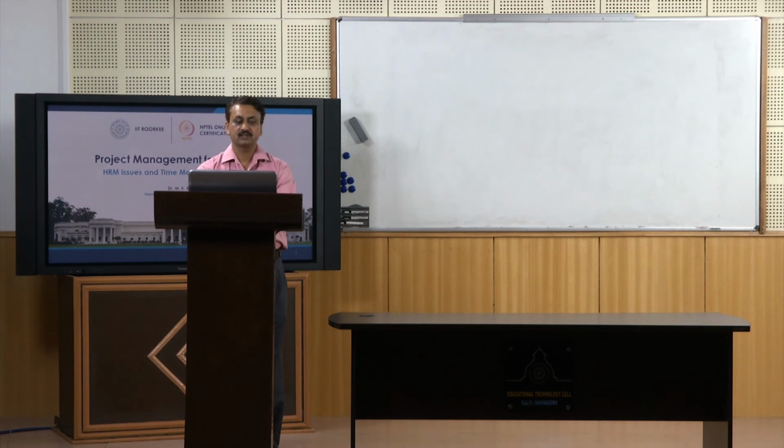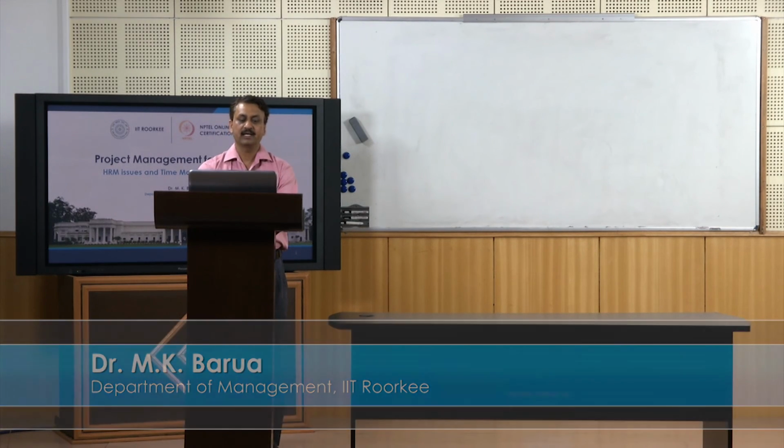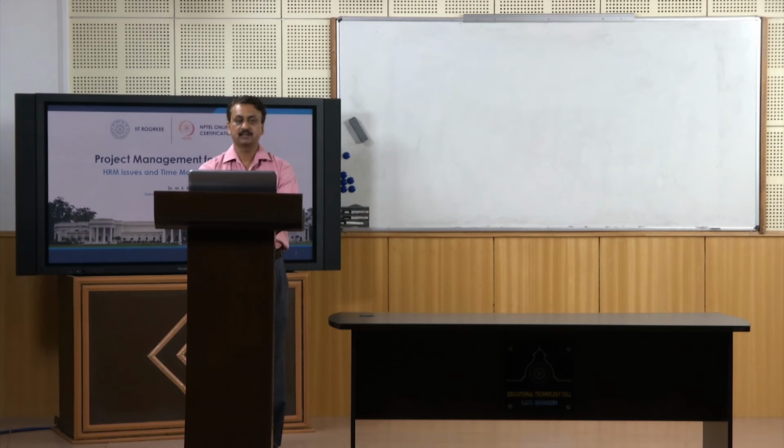Then arbitration, control, give a cool down period. It is possible that conflicts automatically get resolved, right. Accept that there is a conflict, eliminate the party, elimination is another method. So transfer the guilty person to some other department.